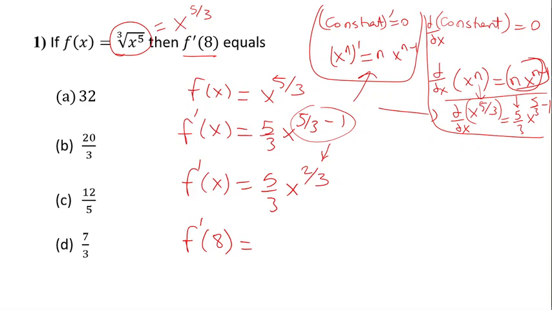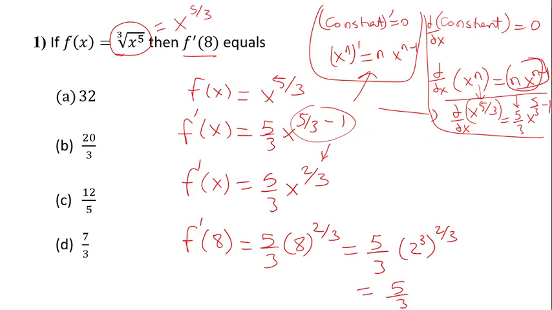Now this will be 5 over 3 times 8 to the 2 over 3, and I can write 8 as 2 cubed, so 2 cubed to the 2 over 3, and you multiply them, which is 20 over 3.